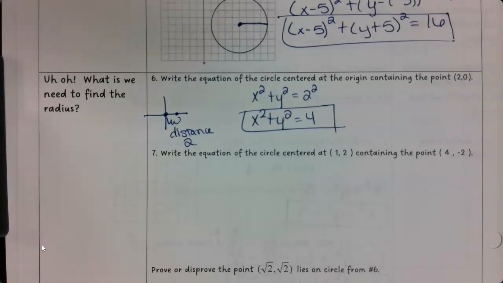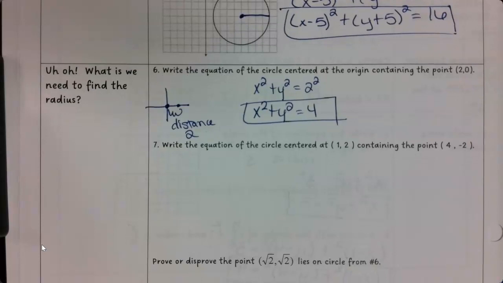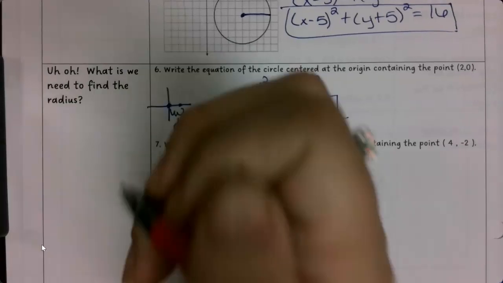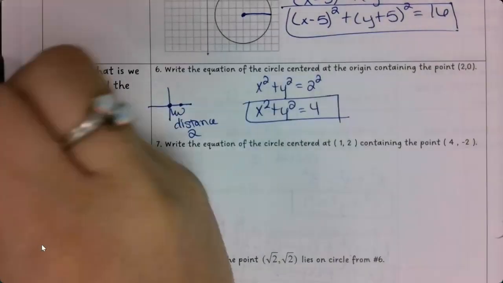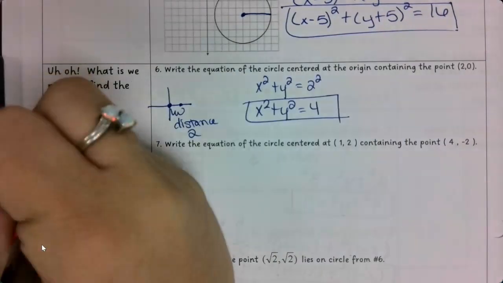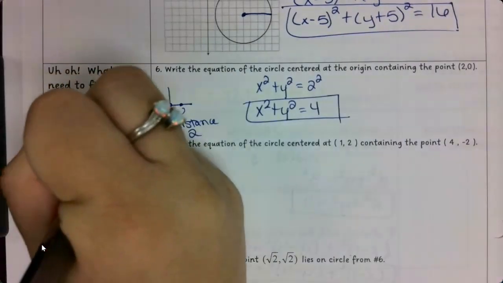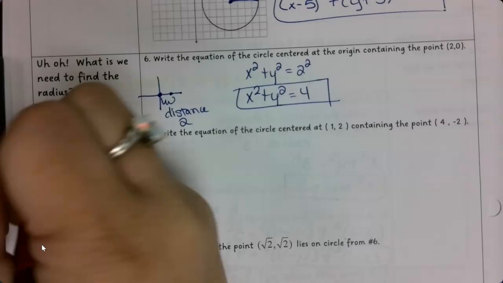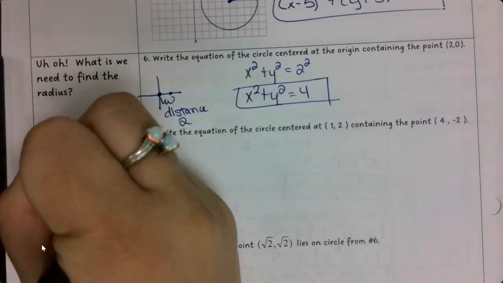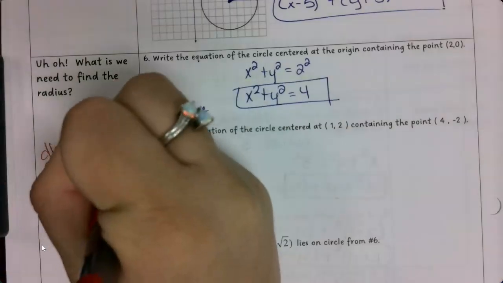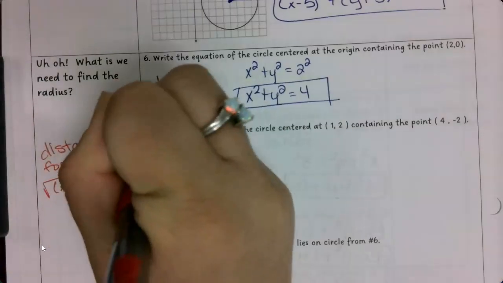So I could do the same thing for number 7. It tells me where it's centered at, and it tells me where the point is at, but if I go and draw this, it's going to be a slanted line and not a nice straight line that I can count. So it's better to use the distance formula for number 7. So remember, my distance formula is the square root of (x sub 2 minus x sub 1) squared plus (y sub 2 minus y sub 1) squared.